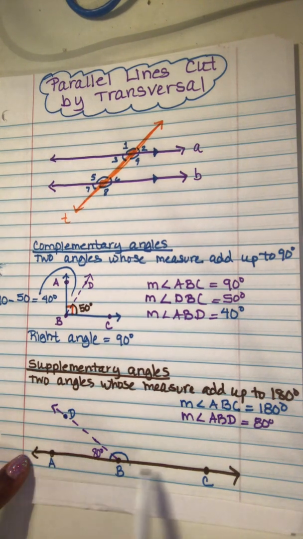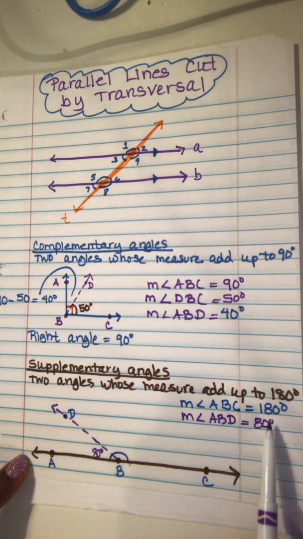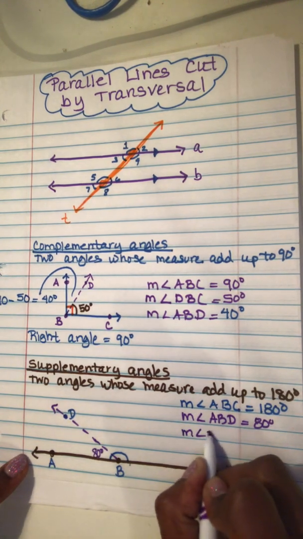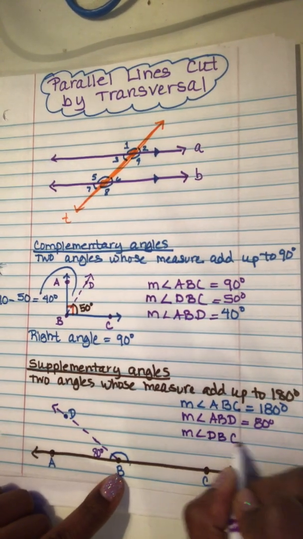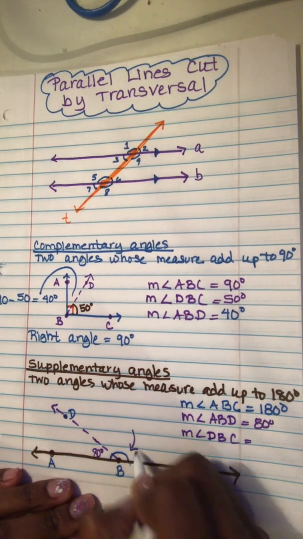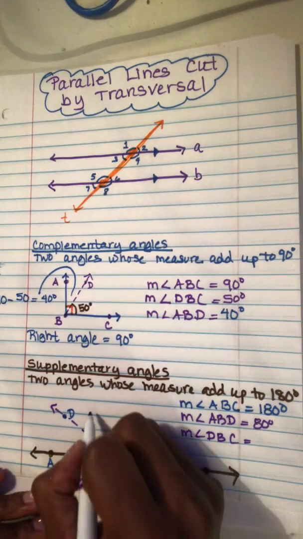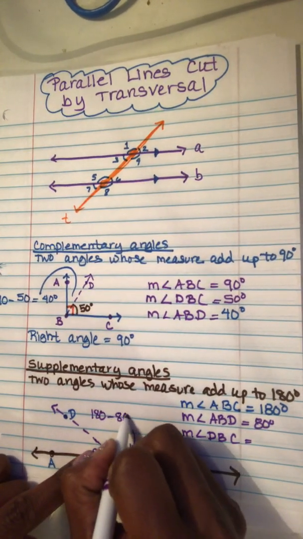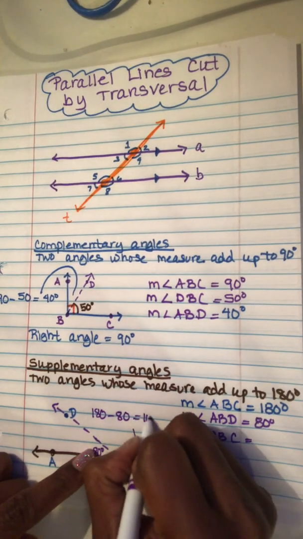Now we know this whole angle equals 180 degrees. How do you suppose we figure out the measurement of angle DBC? How do we find this measurement? So hopefully most of you are screaming out, oh, we're going to subtract 80 from 180, and we're going to get 100 degrees.